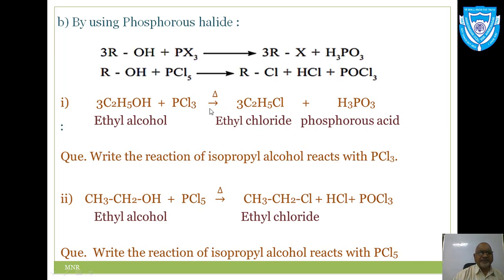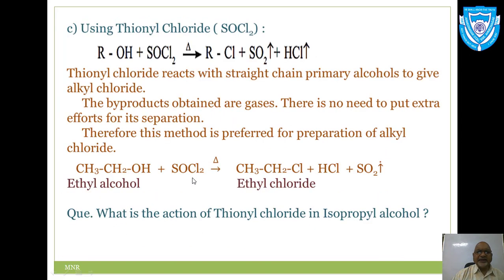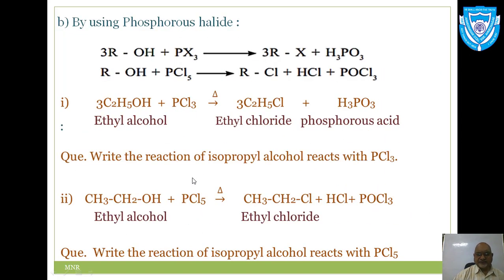Ethyl alcohol treated with PCl3, you get ethyl chloride and phosphorous acid, H3PO3. Here C2H5OH is substituted by Cl, and there are 3 Cl, and that's why there is balancing of these 3 chlorines, and H3PO3 is there. Now, what would be the reaction? This is for your assignment: what would be the action of PCl3 on isopropyl alcohol? Please try this reaction at home as a practice.